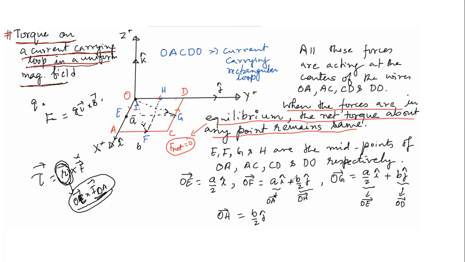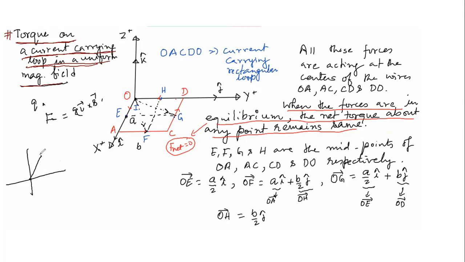OF vector, you can write in component form. You might have studied vectors. If you have a vector here, in order to write it in component form, from the arrow we draw perpendiculars on both axes, and then this is your x component and this is your y component. Similarly, you can do here.